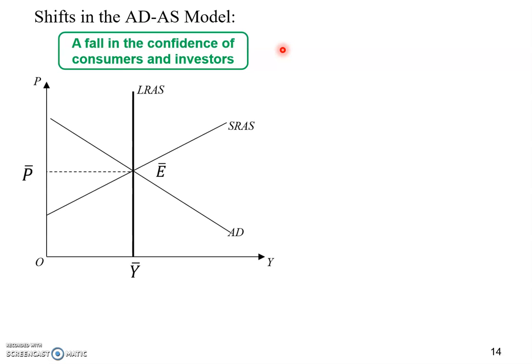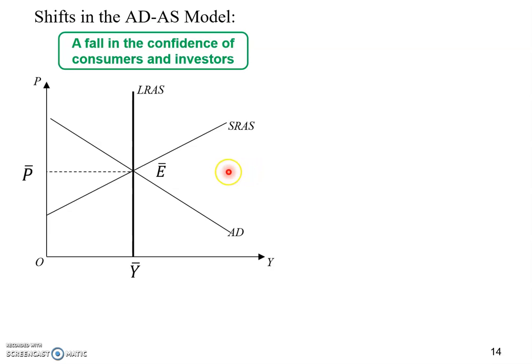So let's put this on the graph. We're going to start with the unique place where the short run aggregate supply, long run aggregate supply, and the aggregate demand, all three curves, cross the same point. In other words, as we said before, the E bar here means the short run equilibrium and long run equilibrium are overlapping here.